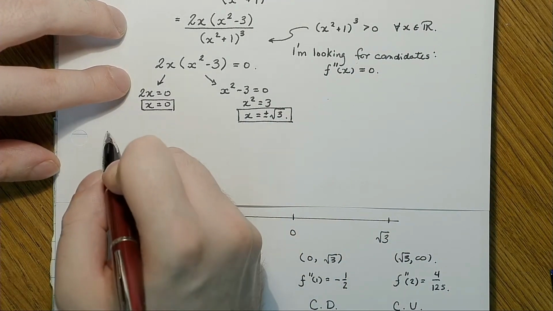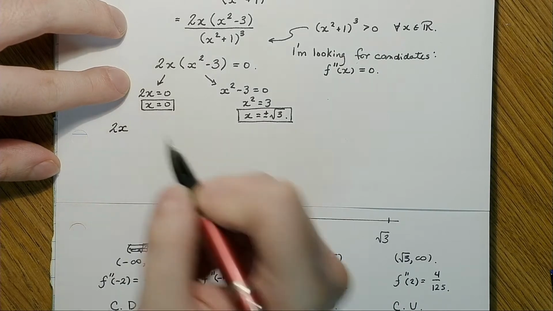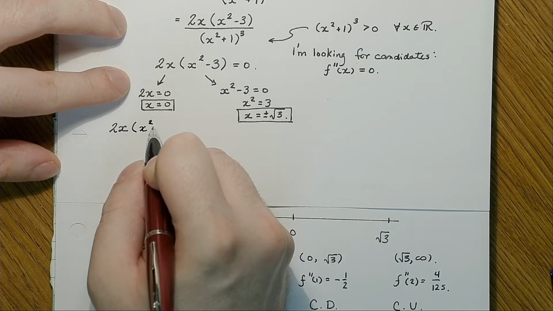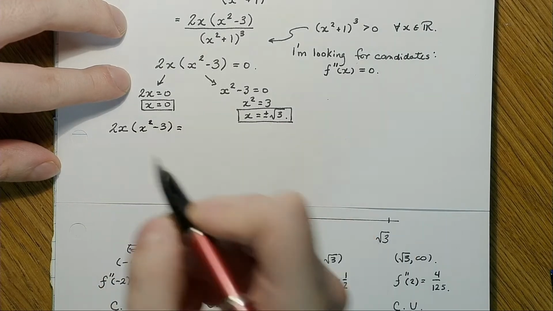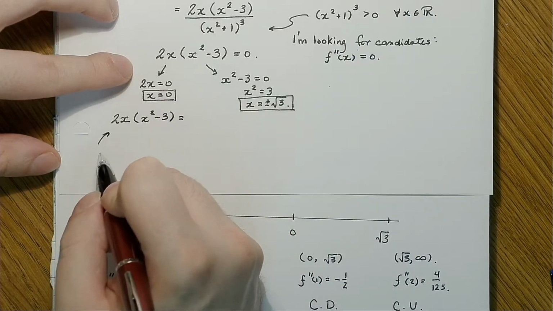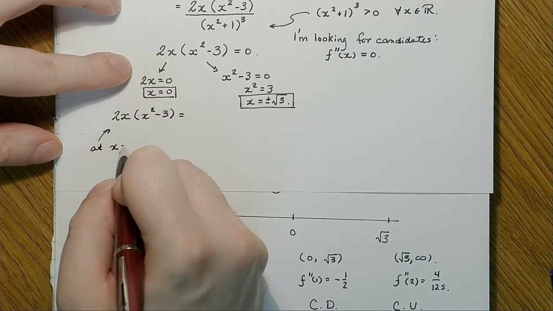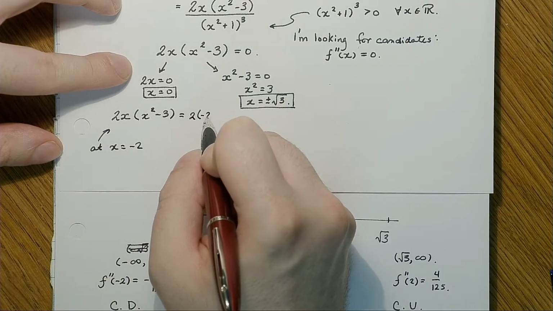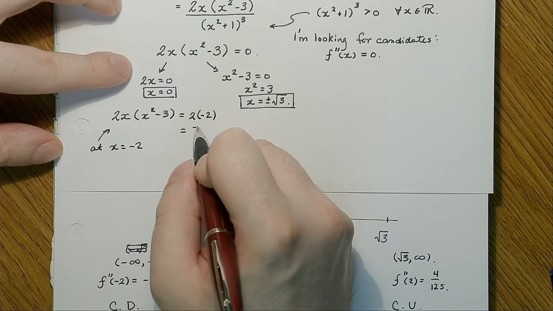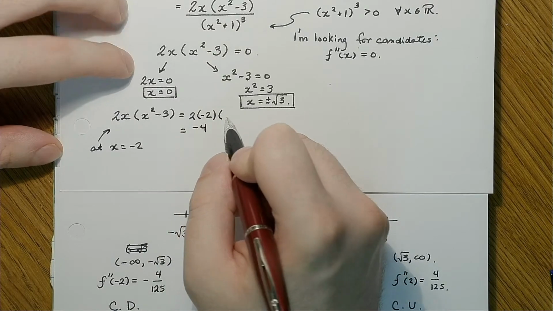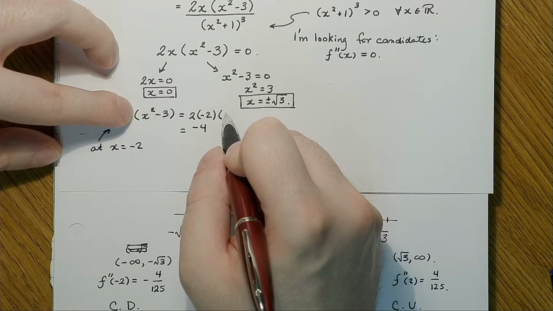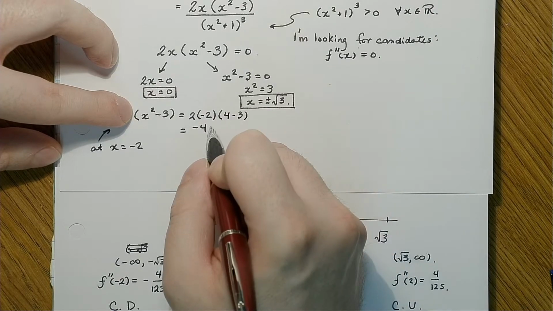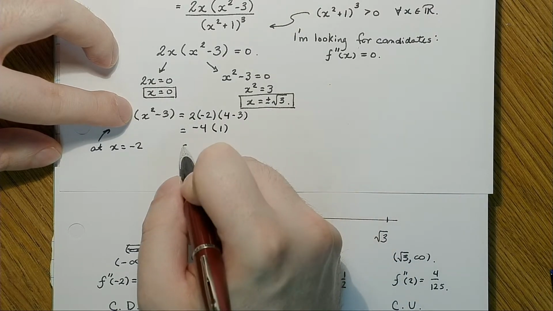If I just looked at 2x times (x squared minus 3) at x equals minus 2, I get 2 times minus 2, so that's minus 4, and then I have minus 2 squared, which gives me 4 minus 3, which is 1, which gives me minus 4.